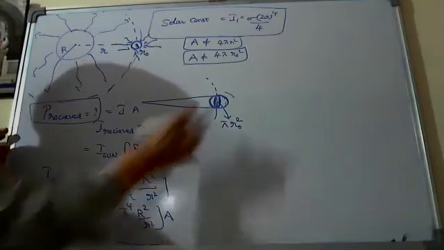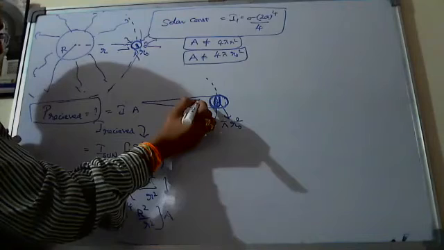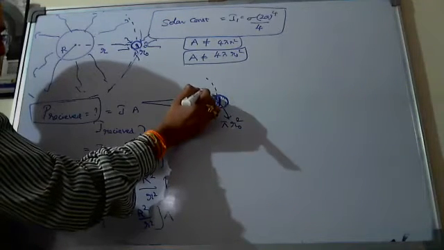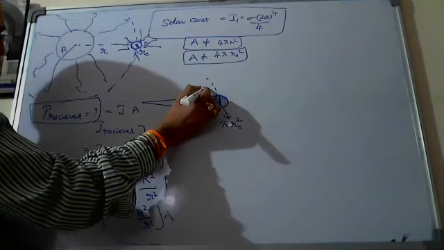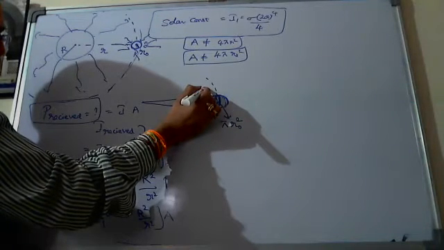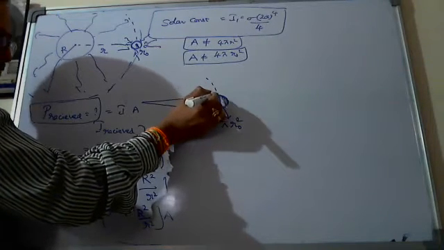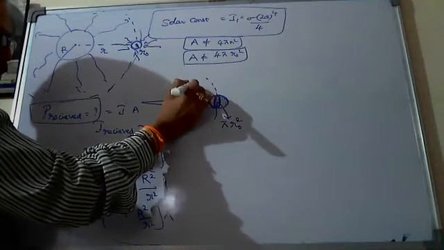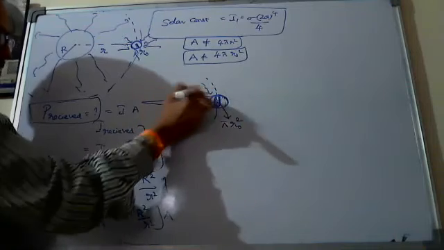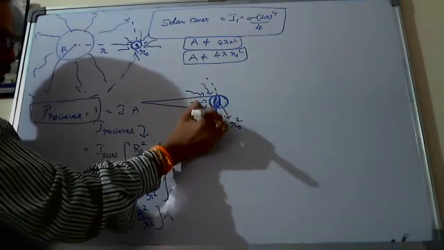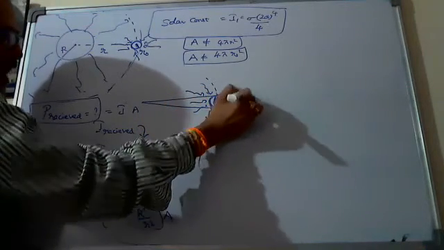Yes, sir. We take 4 pi r naught square. We can take 4 pi r naught square provided the sun radiation is received by the earth from all directions, even from the other side also.